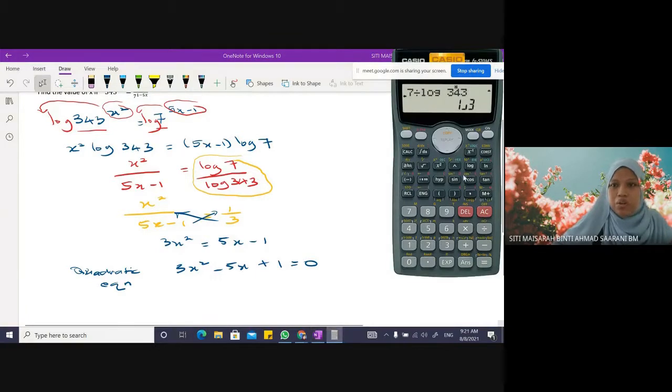Now we want to solve this quadratic equation. We use mode equation, degree 2, we put A is 3, B is -5. Oh sorry, syntax error.